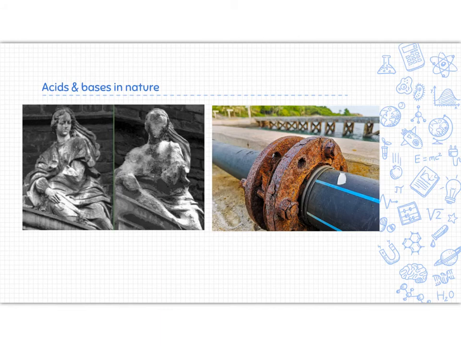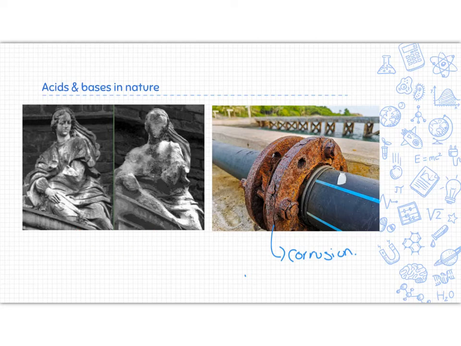So acids and bases in nature, again, we've seen this in our corrosion. This looks like iron that's rusted. And what we're seeing in this one is a statue initially and years later. I'm not sure exactly how long the time period is between our first and second photo here.